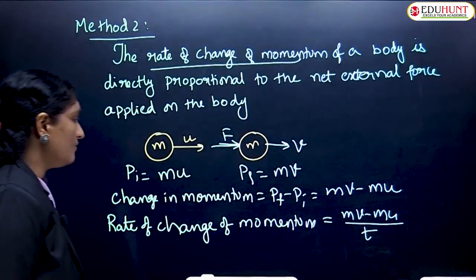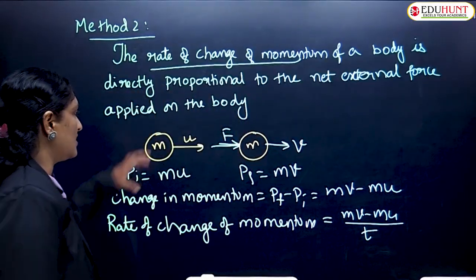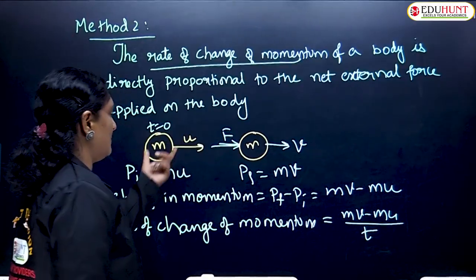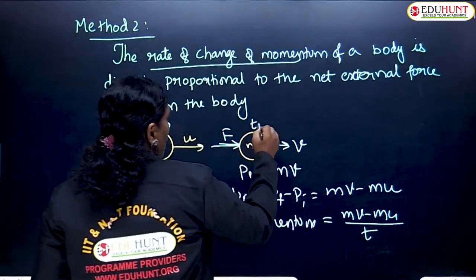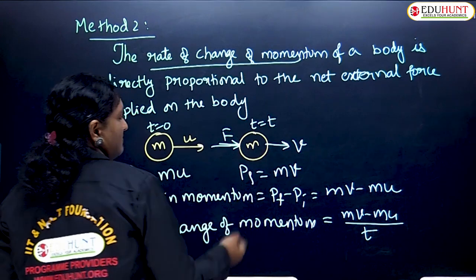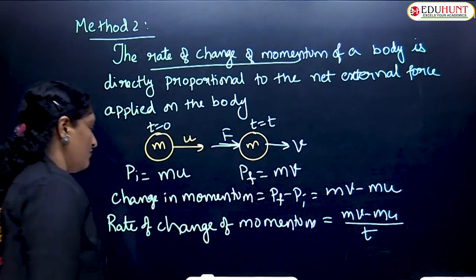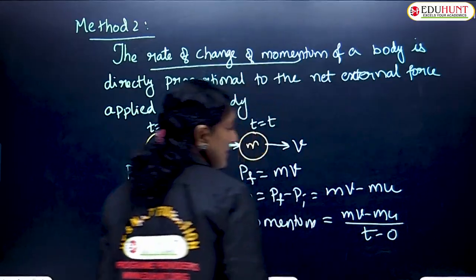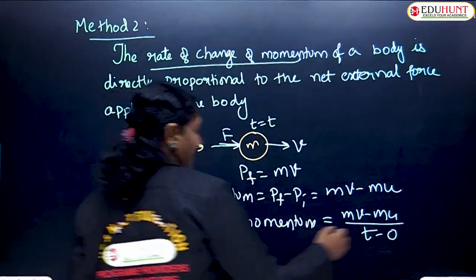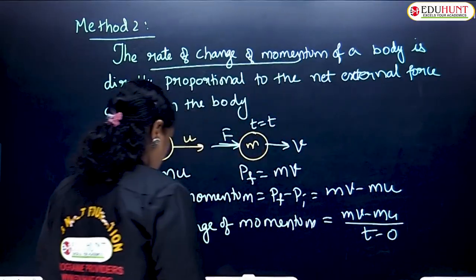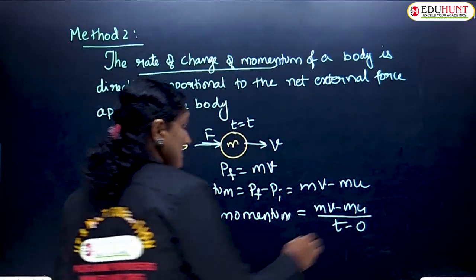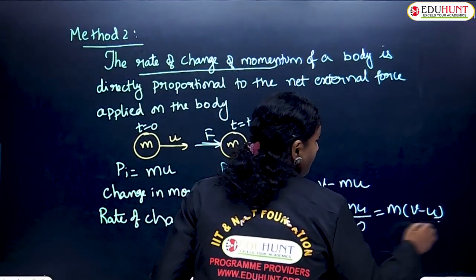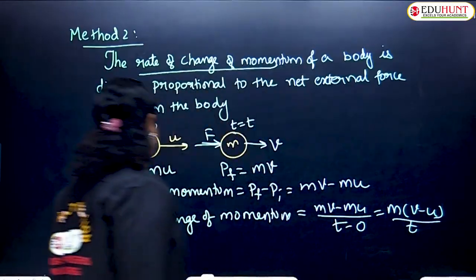Let us suppose that initially at t equals 0, the momentum is mu, and after some time t, the momentum is mv. Then the rate of change of momentum is mv minus mu divided by t minus 0. Taking m as common, this is m into v minus u by t.